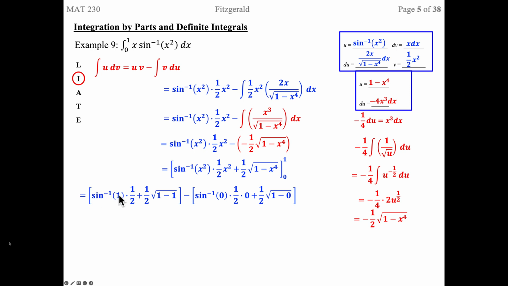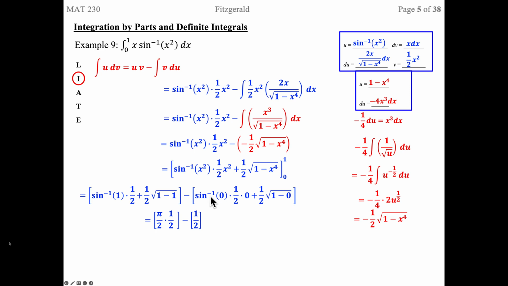Where is your y coordinate of 1? That's at the top of your unit circle at 0, 1. So that's pi over 2 times a half plus 1/2 times 0. So that's gone right here. So that's these two terms right there. Inverse sine of 0 times a half times a 0, all of that is 0.